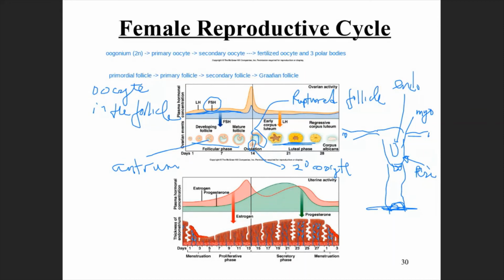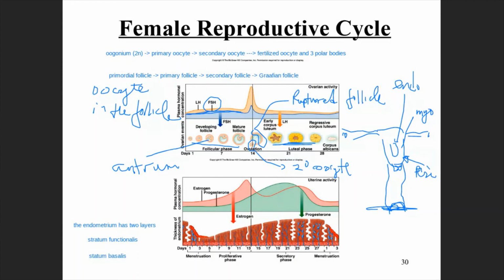The endometrium has two layers. The layer on top is known as the stratum functionalis, and the layer underneath is known as the stratum basalis.